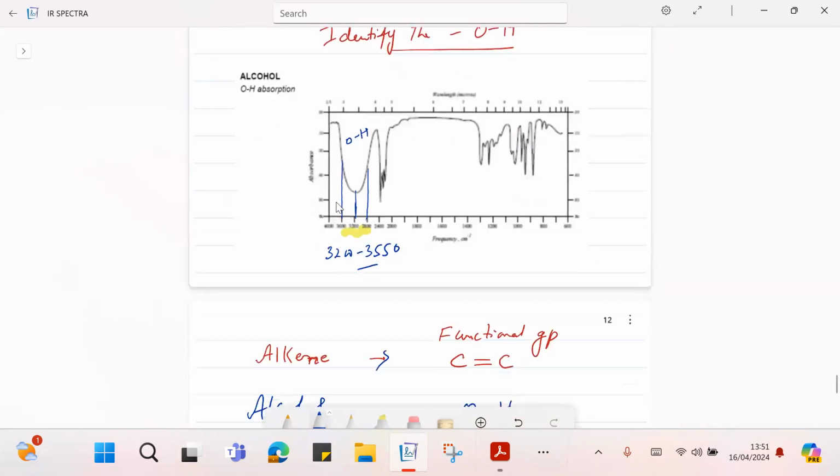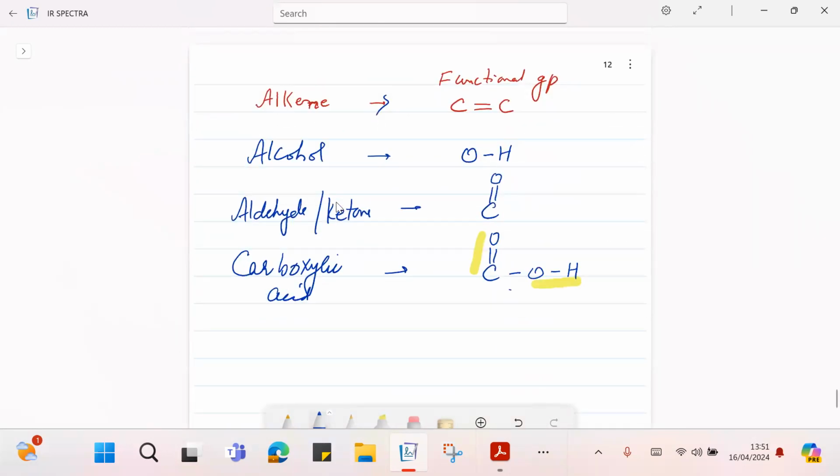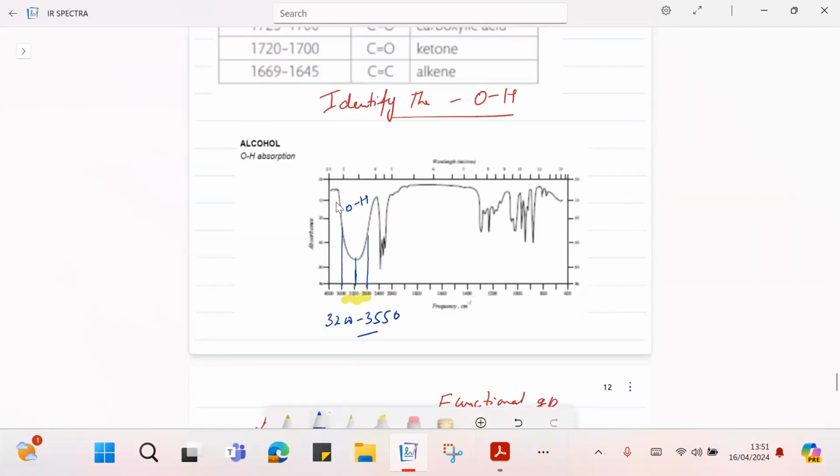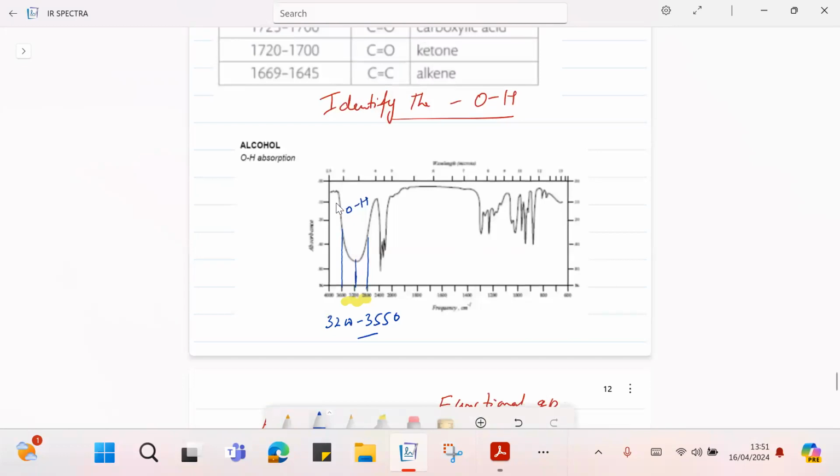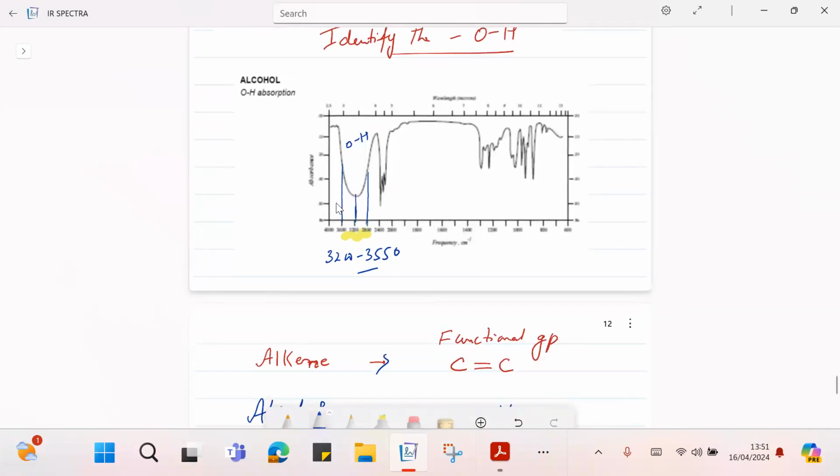But an OH peak is also present in carboxylic acid, so I should search for this. Now, the C double bond O peak is somewhere around 1740 to 1720, which is around this region. C double bond O should be here, but the C double bond O peak is absent.